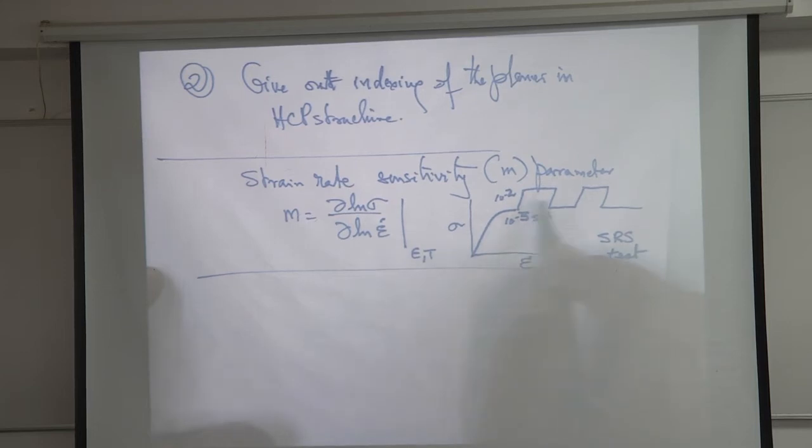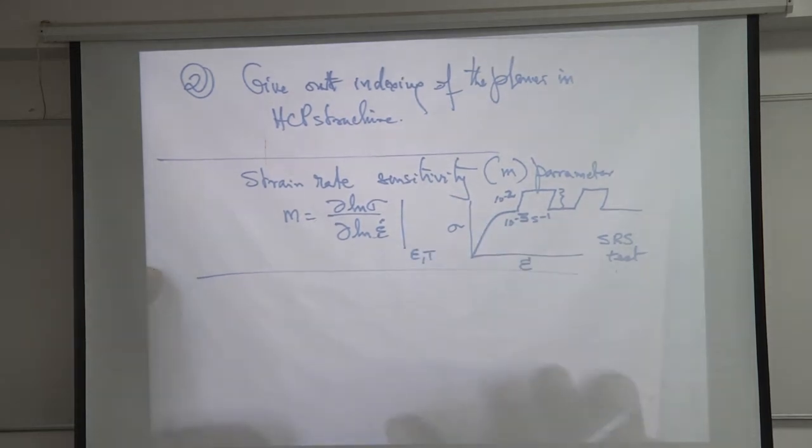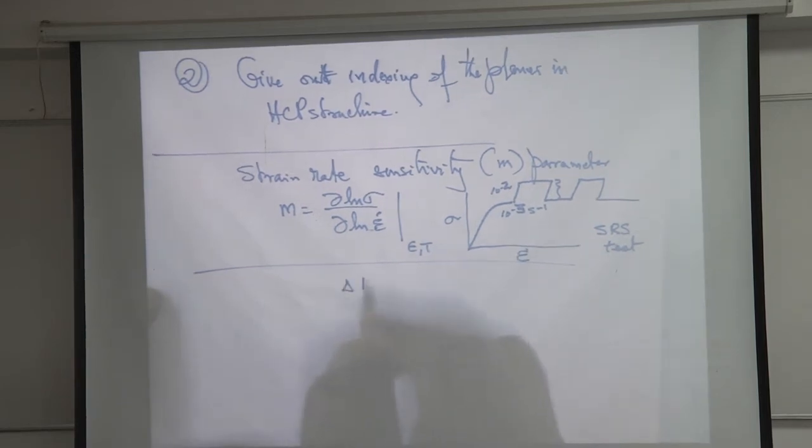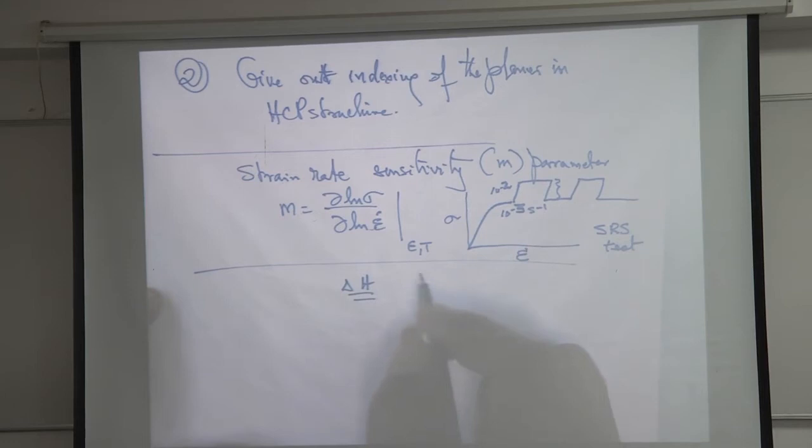From this, you can calculate how much the delta sigma goes up for every delta epsilon dot. Okay? And you can do this for several different rates, actually. And you can calculate your enthalpy for deformation. Enthalpy is not H. Is there a symbol for it? Yeah.